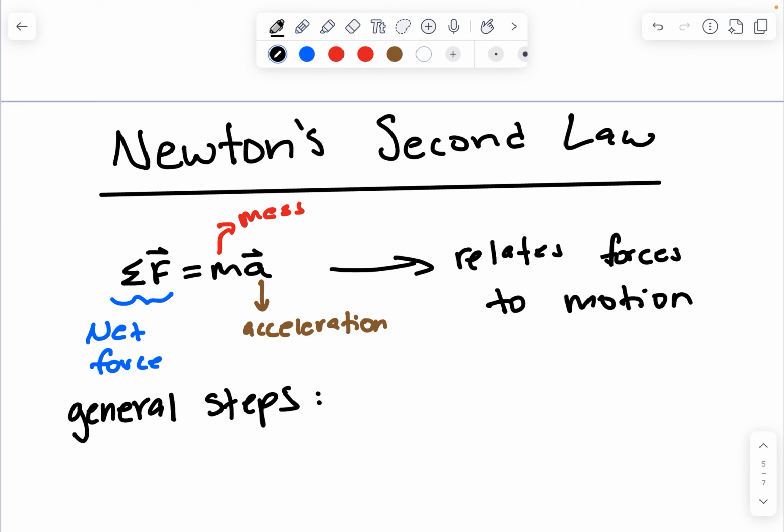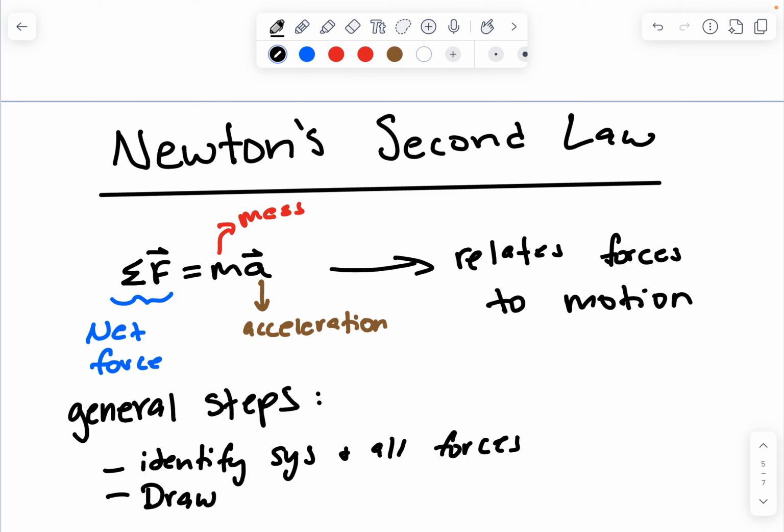Steps. So first things first, you want to identify your system and all forces. Step 2 is draw your free body diagram. If you don't remember how to do a free body diagram, check out my previous video.